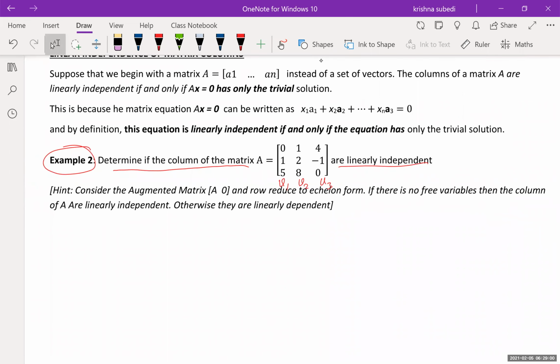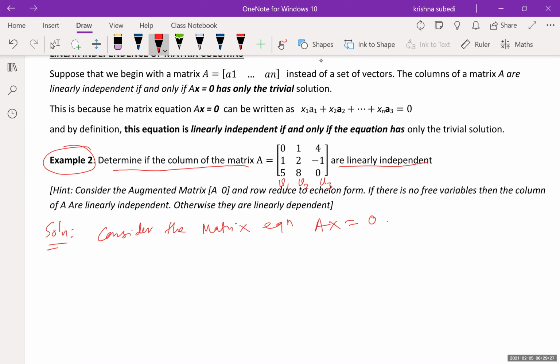Now, basically what you do is consider the matrix equation or vector equation, it doesn't matter. Since we are given the matrix, it will be easy for us to consider the matrix equation AX equals 0.